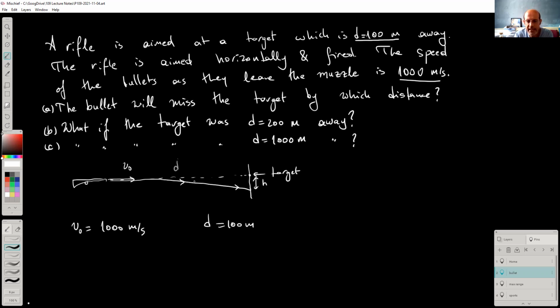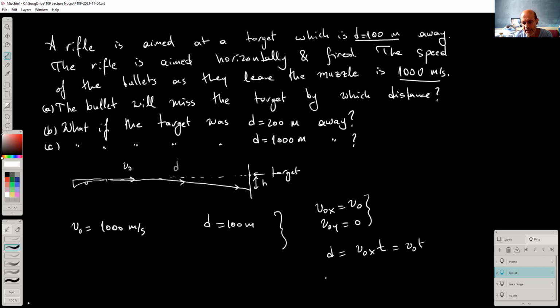Okay, so that's a very simple thing in here. In this problem, V0x is equal to V0 and V0y is equal to 0, right? So when the bullet hits the target, the distance traveled in the horizontal direction is given by that expression, V0t.